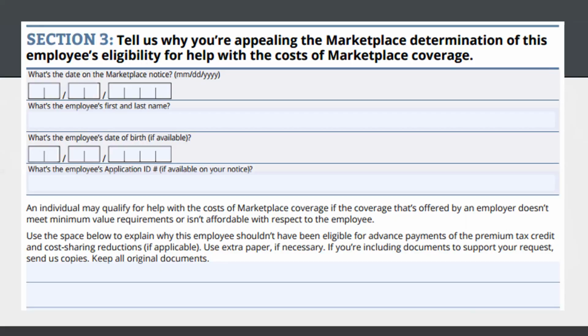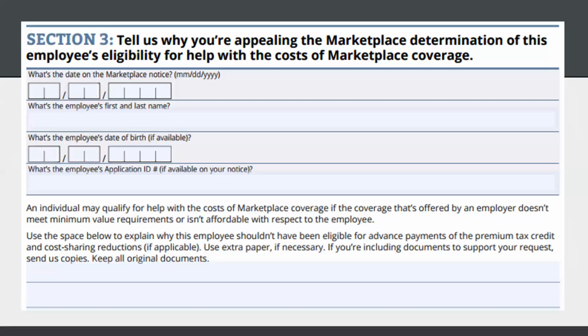That might be different than an ongoing employee where you might say, on this date, this employee received an affordable offer of insurance, and the employee was eligible to enroll in that insurance since last year, whatever it might be. Whatever your district has done, in other words, and whatever that particular employee looks like on paper is going to change how you fill this out. But really, that's what they're getting after: why is this person not eligible for this credit on the exchange?